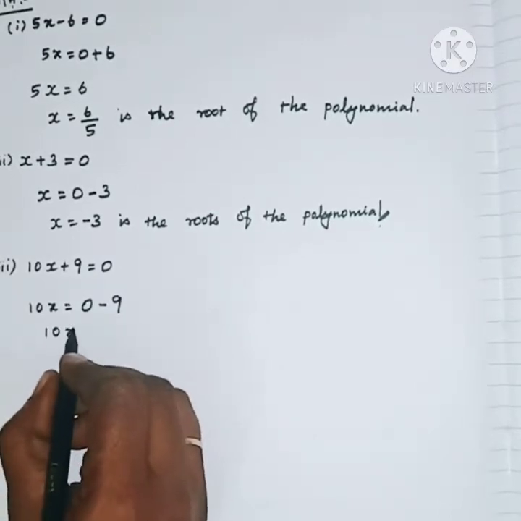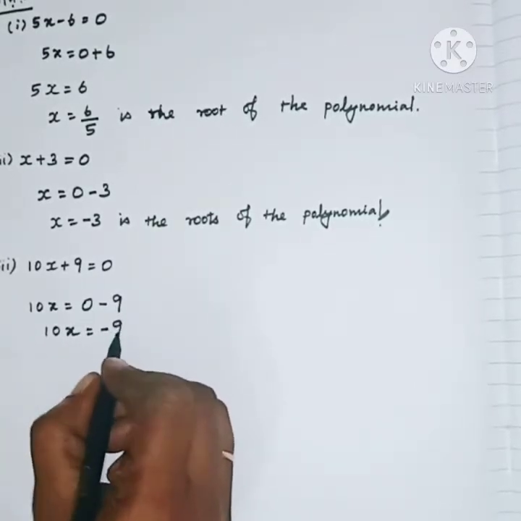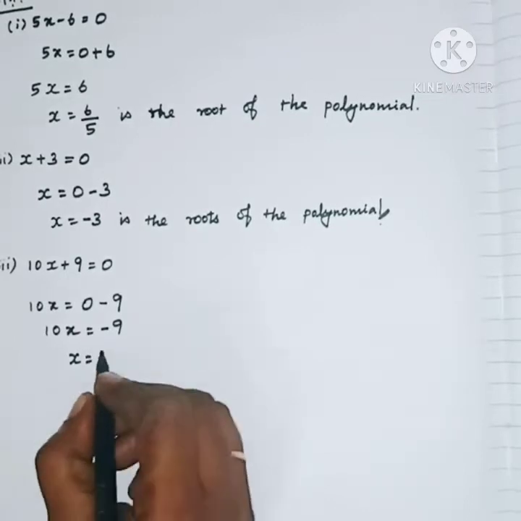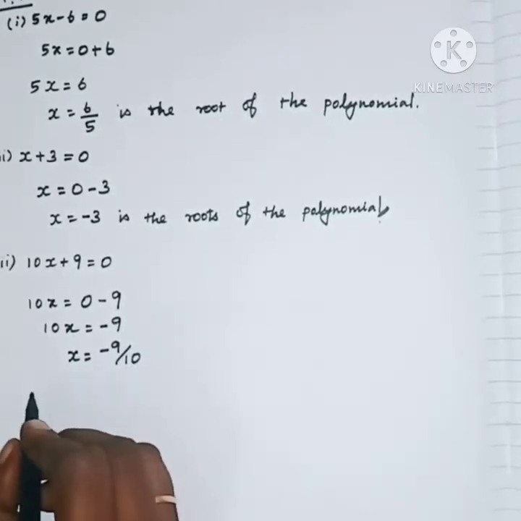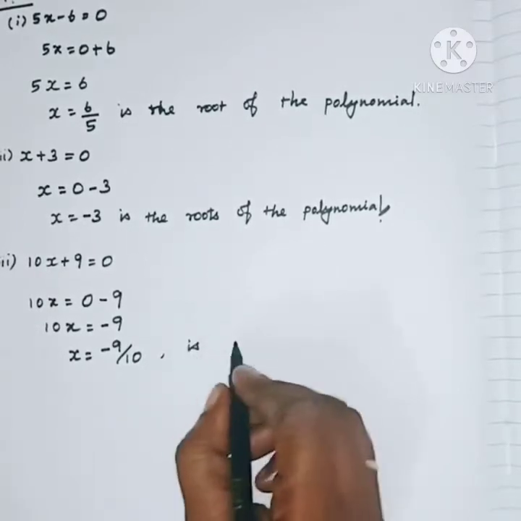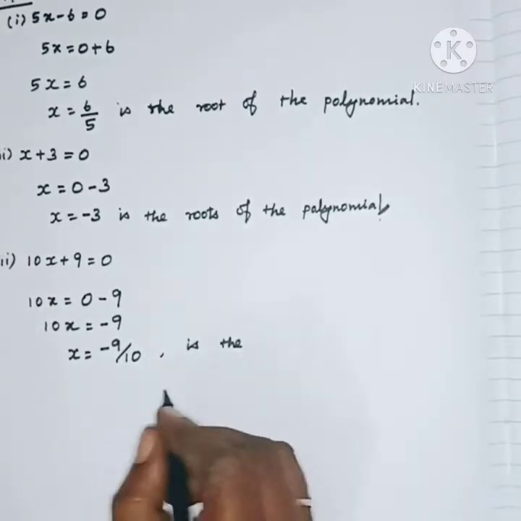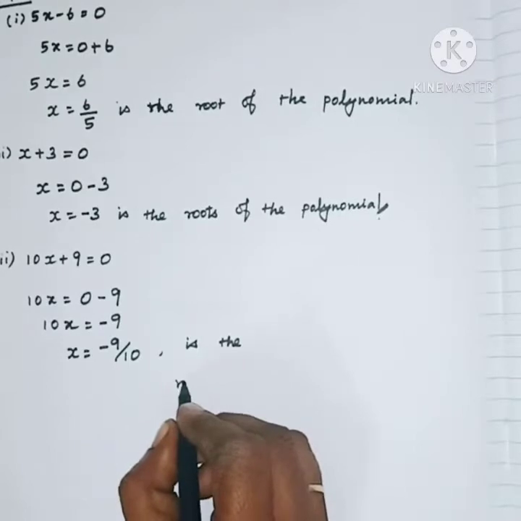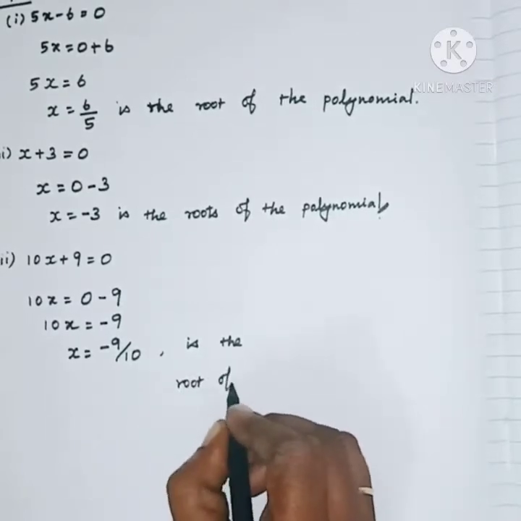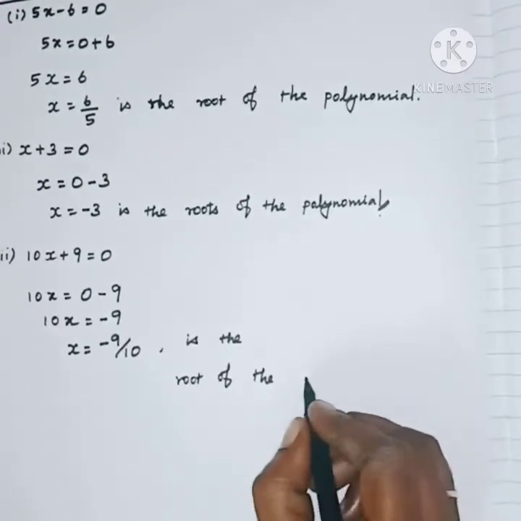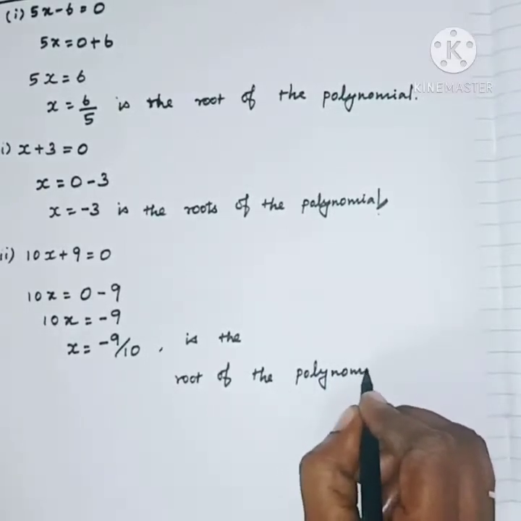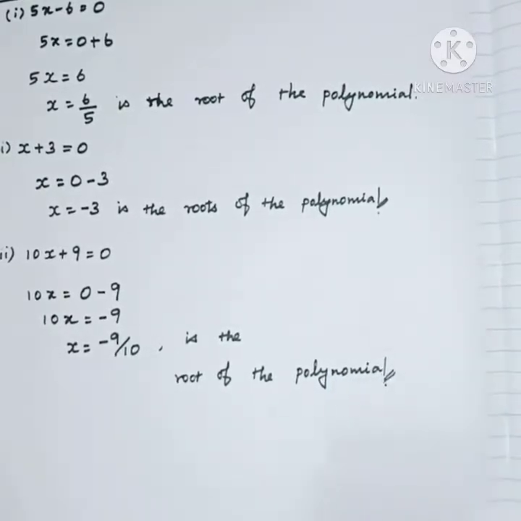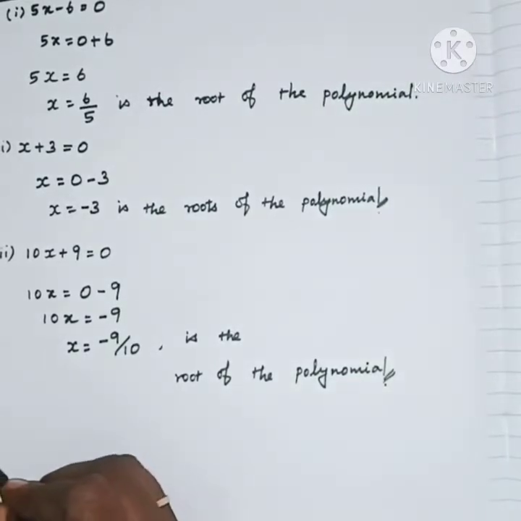So 10x is equal to 0 minus 9, which is minus 9. So x is equal to minus 9 divided by 10 is the root of the polynomial. Very easy sum. This is the 2 mark sum and very easy also.